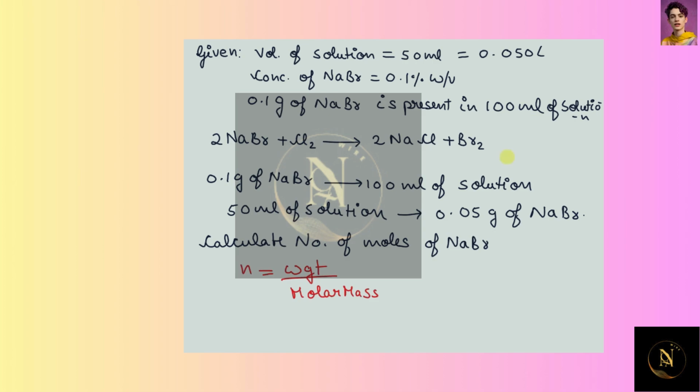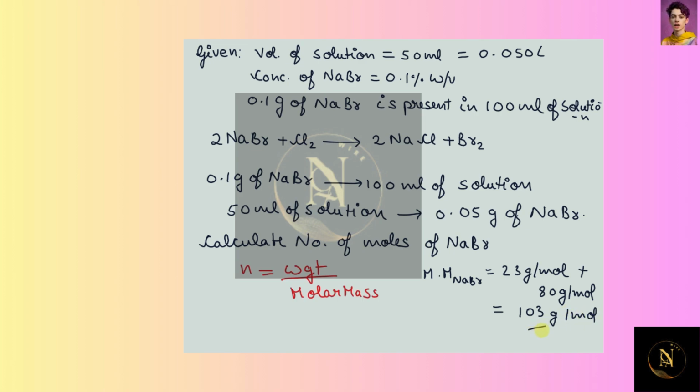So here the molar mass of NaBr is equal to the sodium molar mass, 23 gram per mole, plus the bromine mass, which is 80 gram per mole. So the total is 103 gram per mole.